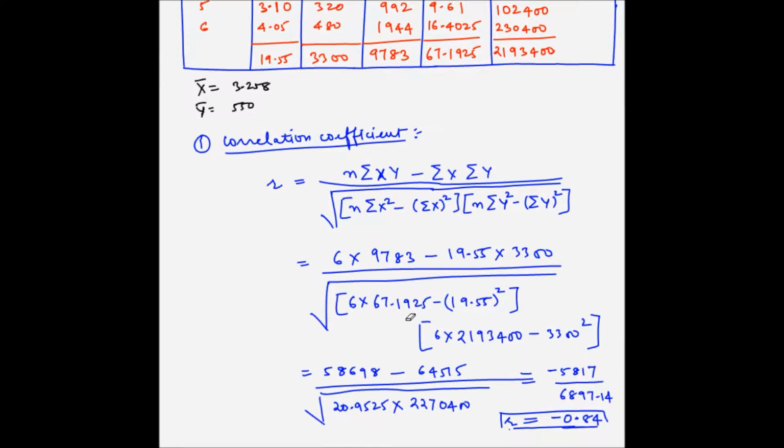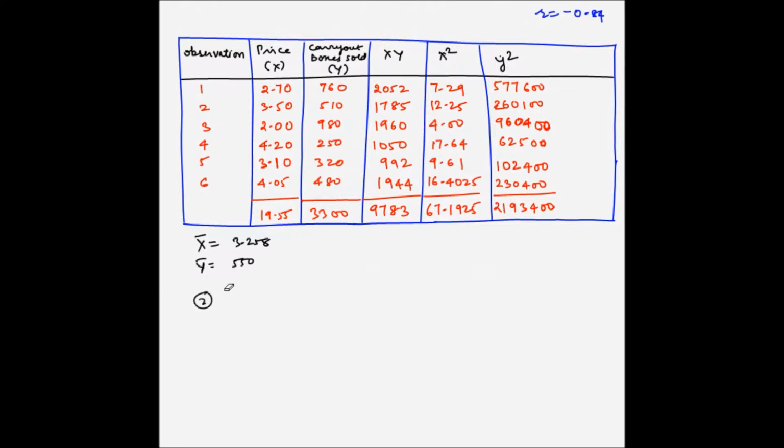Now let's move to the coefficient of determination. So next we'll calculate the coefficient of determination. Coefficient of determination is R square. So we can simply take the square of this value, which comes out to 0.7.